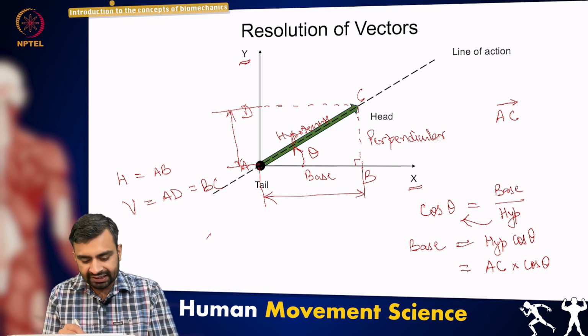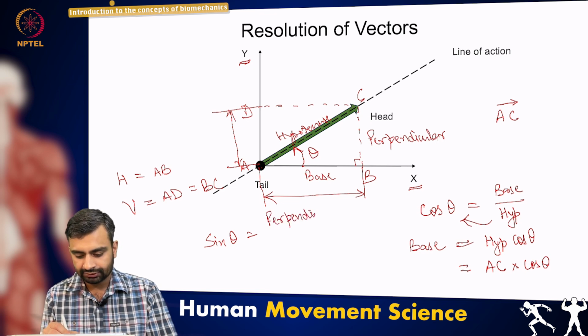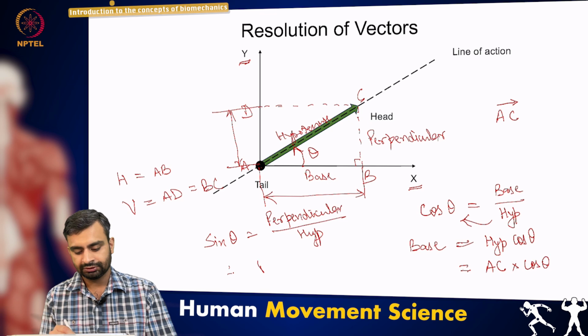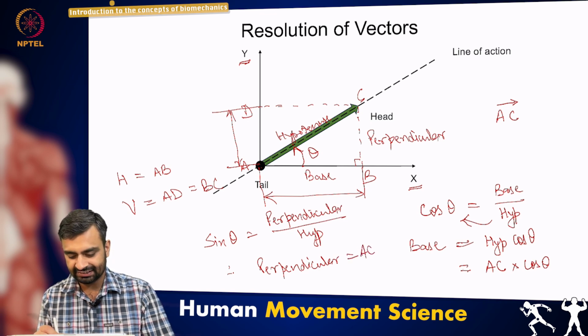So sin theta, from trigonometric identities, we know it is nothing but perpendicular divided by hypotenuse. Therefore, perpendicular would be equal to hypotenuse, which is AC, times sin theta.